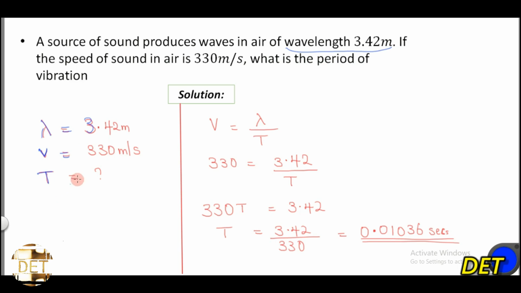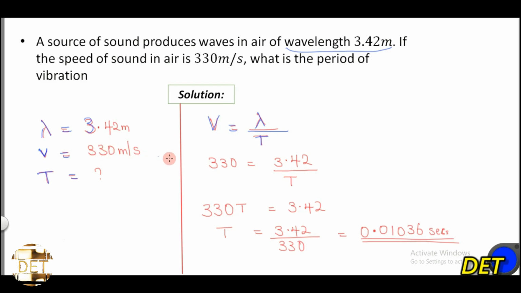What is the period, which is T, of the vibration? So how would you solve this given these parameters? You would have to look for a formula that connects your wavelength, velocity, and time. The formula that connects it is V is equal to lambda all over T: wavelength all over the period, which is time.